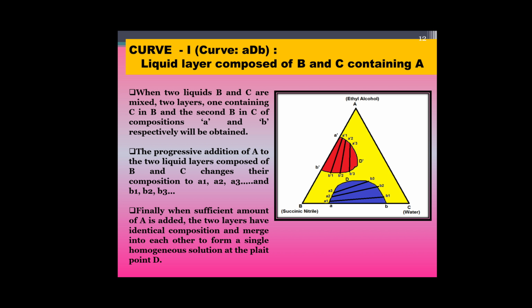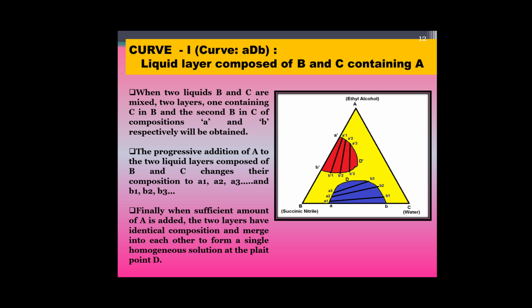It forms a single homogeneous solution at the plait point D. Here at plait point D, these two solutions merge with each other and form a single homogeneous solution. The various compositions of the ethyl alcohol, succinic nitrile and water are shown by these different tie lines.